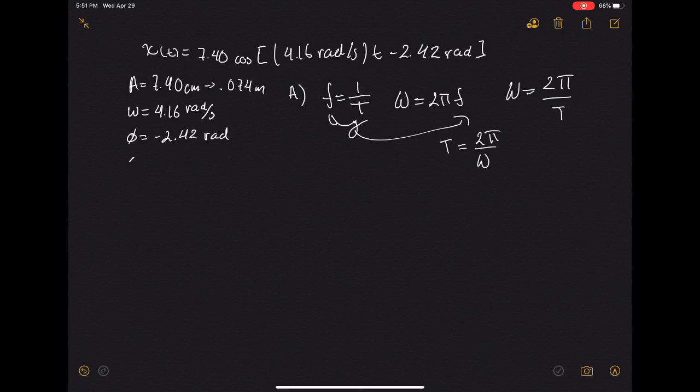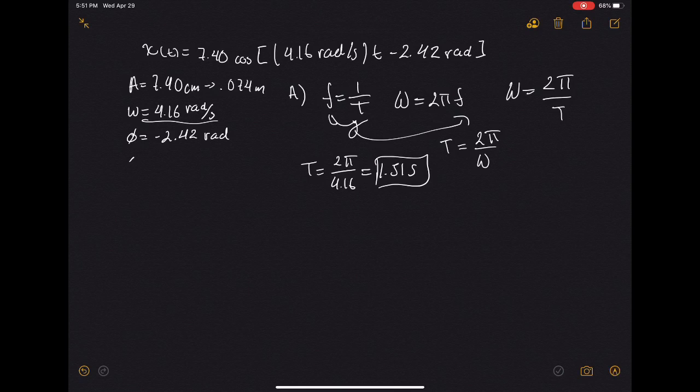So we just have to plug in the information, and we got that the angular frequency is 4.16. So T equals 2π over 4.16, and that is 1.51 seconds.